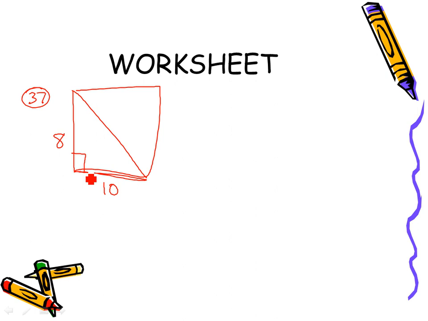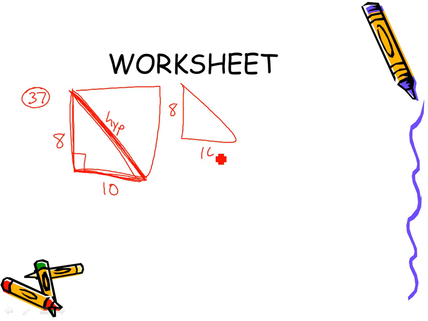Well, hopefully this is going to be a right angle right here. So what we're doing when we're trying to find that diagonal, which is going to give us the measurement of the laptop, is we're actually looking for the hypotenuse of this right triangle. So we have that.